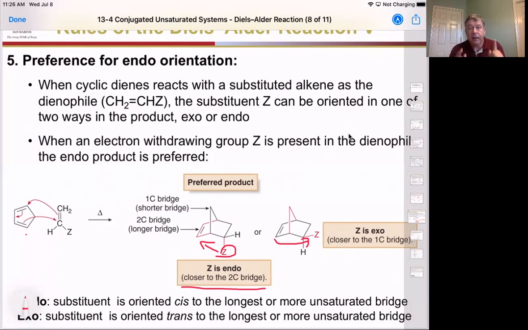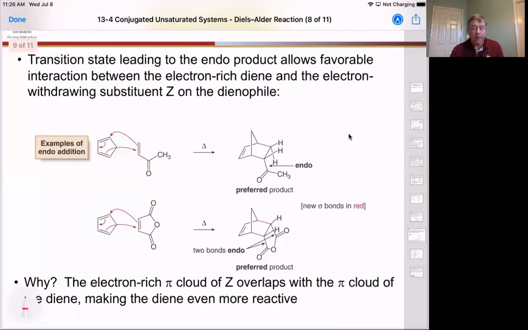Let's take a look at that again and see why it does that. As our compound is coming in to get to our transition state so we can do our cycloaddition, remember it's concerted, it happens all at once, so we have to have them in close proximity before they do it.